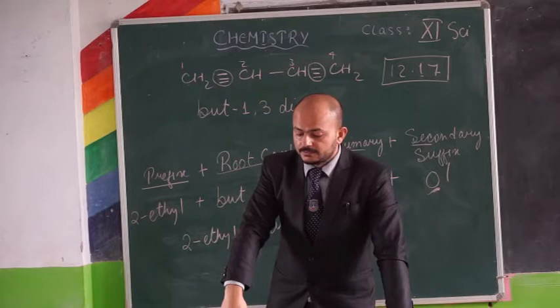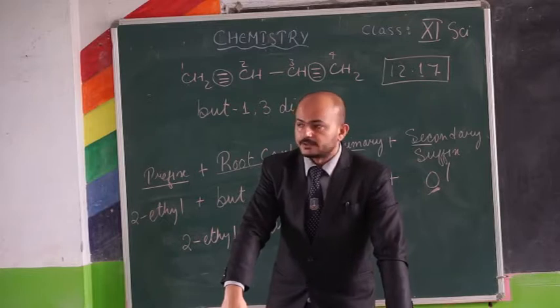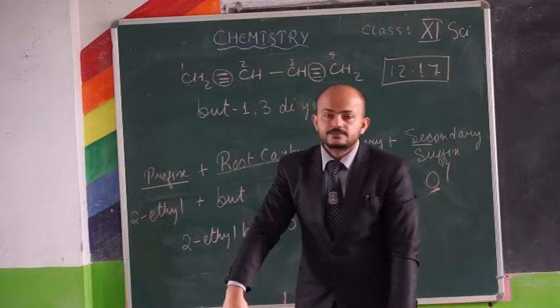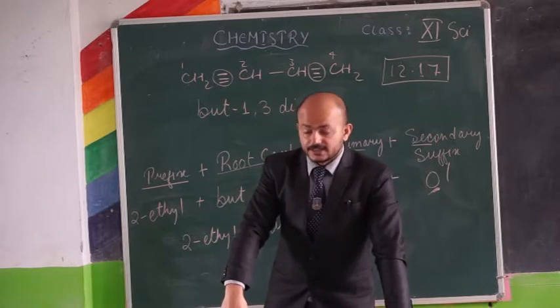However, if the sum of the numbers used to indicate the position of the double bond and triple bond turns out to be the same, the double bond gets preference in numbering, but the compound is named as a derivative of alkyne in both the cases. So this point you have to remember. If I give you an example, then it will be more clear.